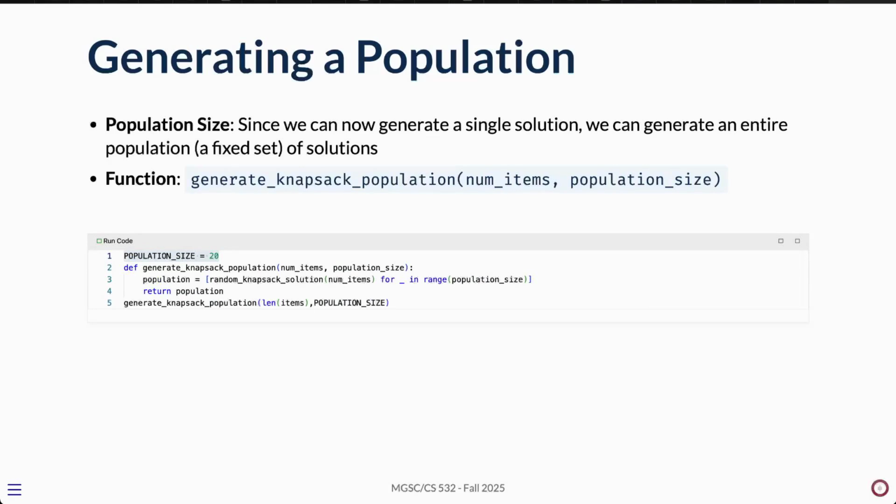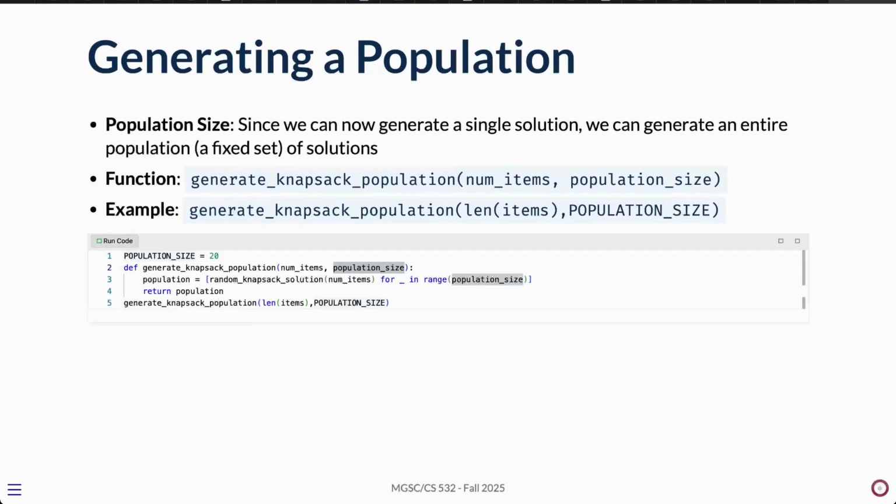In practice, population sizes might range from dozens to thousands or maybe even millions of individuals, depending on the problem's complexity and the computational resources that you have available. The function uses a list comprehension to create population size number of random solutions, and each solution is independent from one another, so there's no relationship between them at this initial stage at least. And this, again, gives us a maximum diversity to start the evolutionary process.